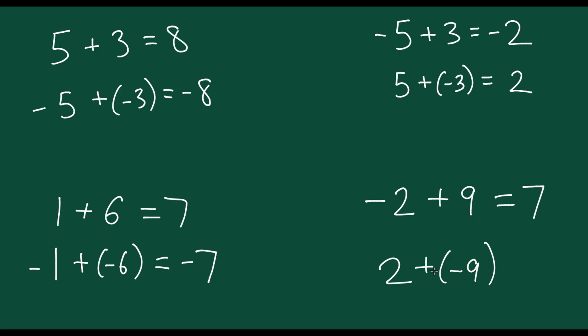What about 2 plus a negative 9? 9 minus 2 is 7, but since the 9 is negative, we make it negative 7. Okay, so the summary for this second method is this right here.